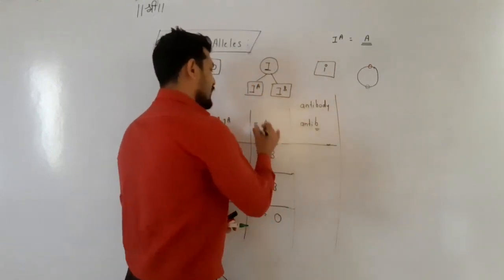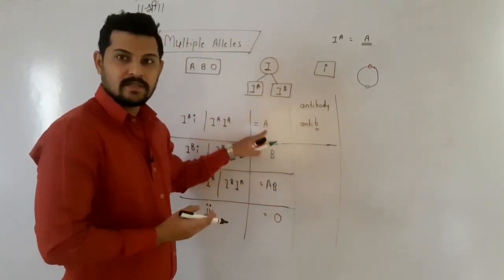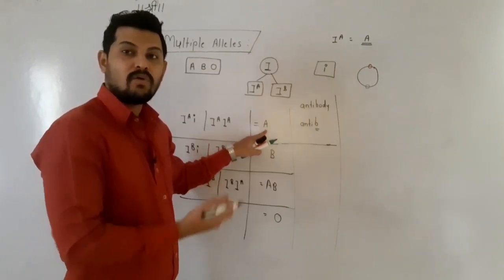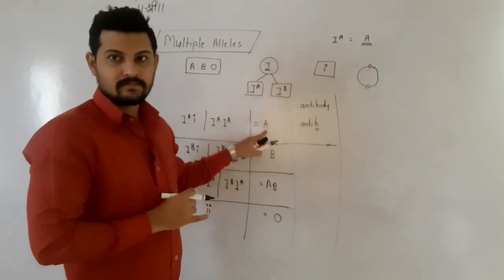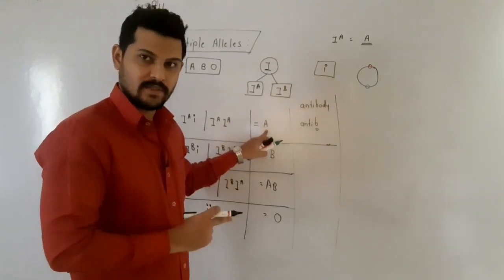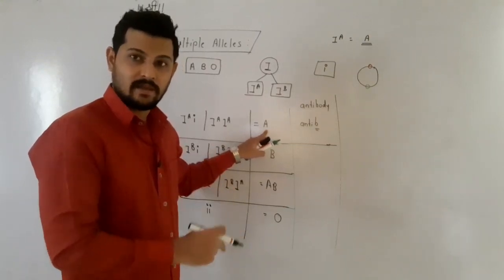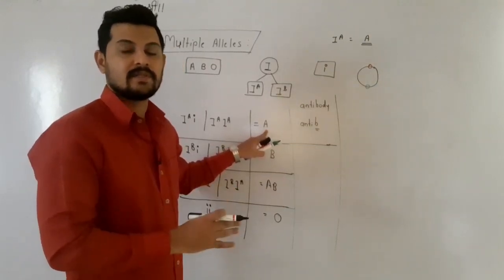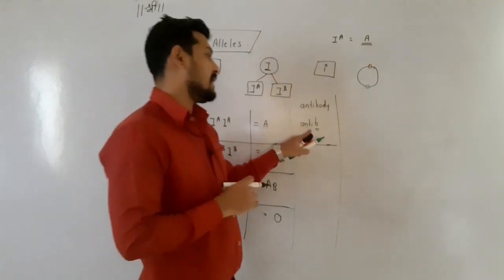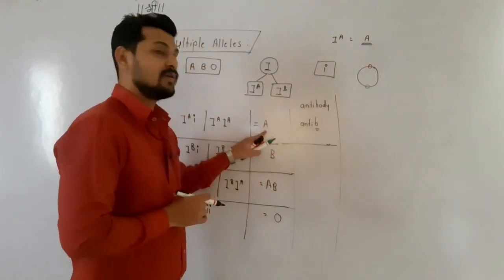As the person has the A type of antigen on his RBCs, the person will never produce antibodies against A. So that person can produce antibodies against B. So anti-B antibodies can be observed in a person who has blood group A.